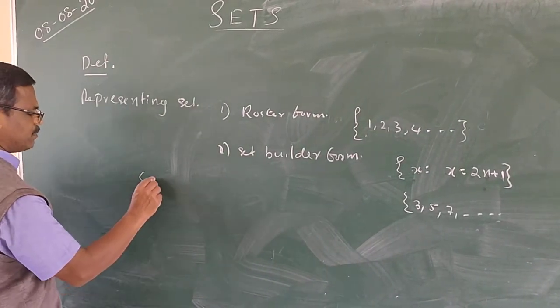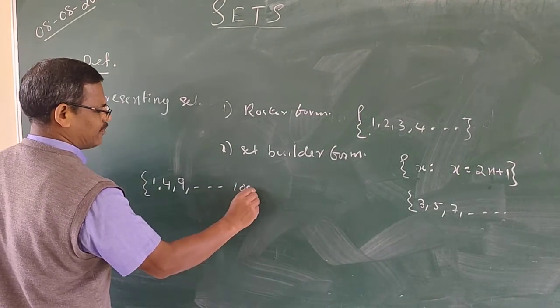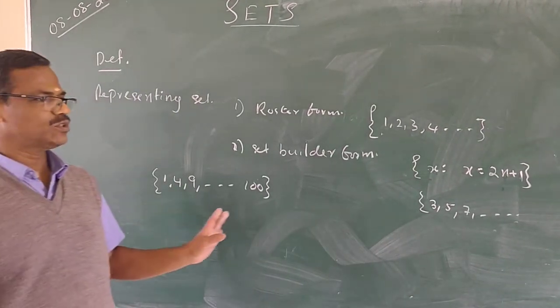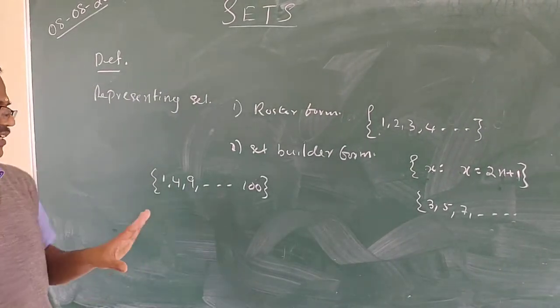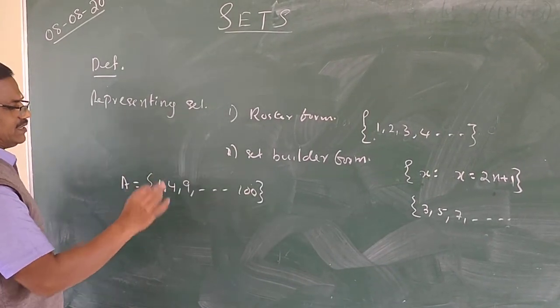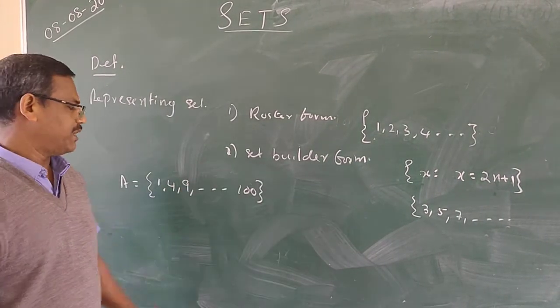I have given one example last time like this. And when I went through your assignment, I could see that most of you could not do it correctly. Suppose I want to represent this set, which is now in roster form, in set builder form.